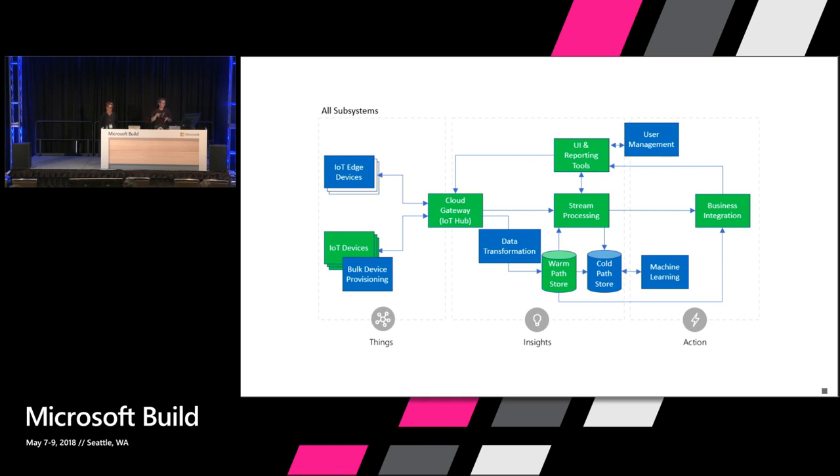That data transformation could be done as part of stream processing. It could be done previous to the cloud gateway, but actually in the cloud. It could be done on the IoT edge device, or it could be done on the device itself, especially if you own the firmware that's sitting on that device, obviously. It's a little bit hard to place that box, what I was after.